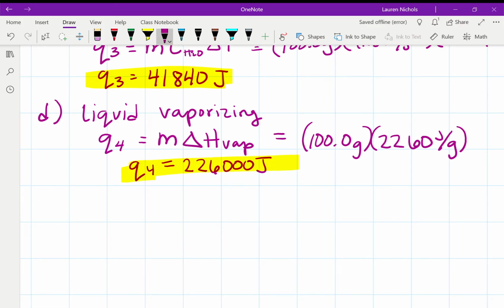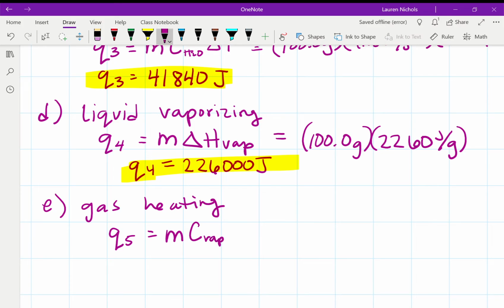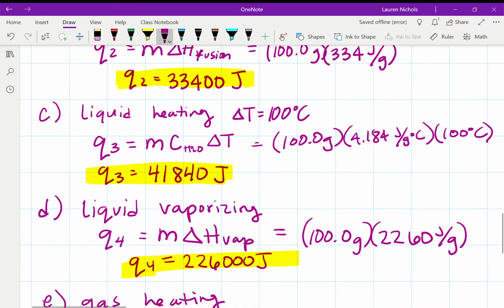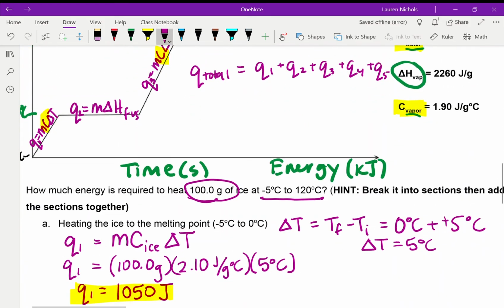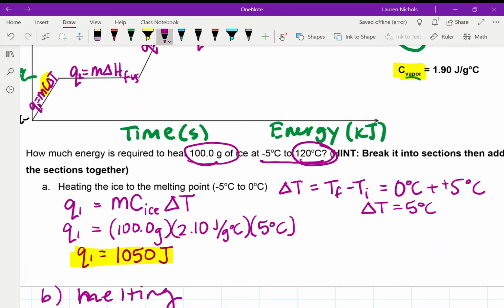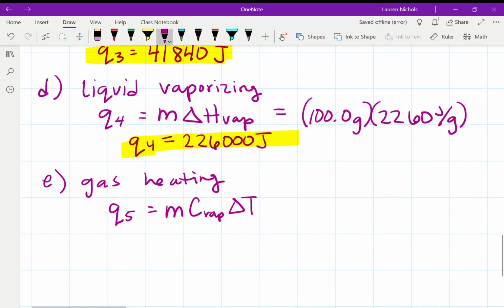And then our last segment is when the gas is heating up. So Q5 is equal to M times C of our vapor times delta T. For our change in temperature, they mentioned that the highest they want us to go to is 120.